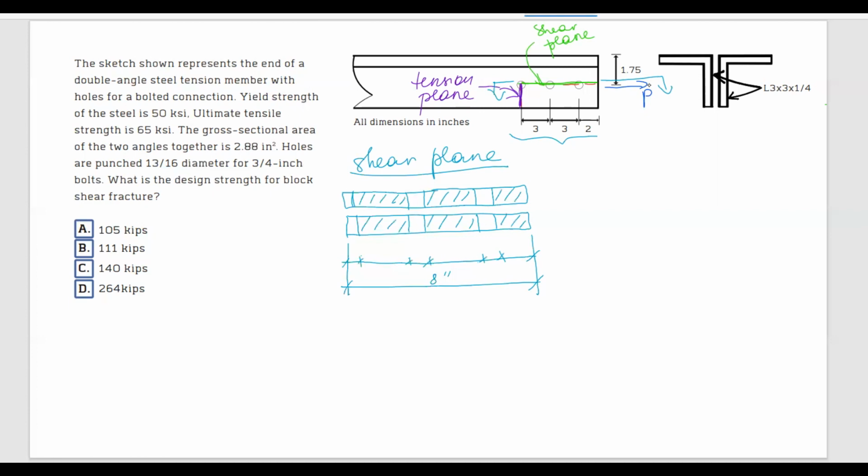Now we have to figure out how much all of these distances are. How much is this hole over here? In the problem, we're given that the holes are punched 13/16, but that's not the dimension that we have here. I've talked about this in the past, but I'm going to do it again.